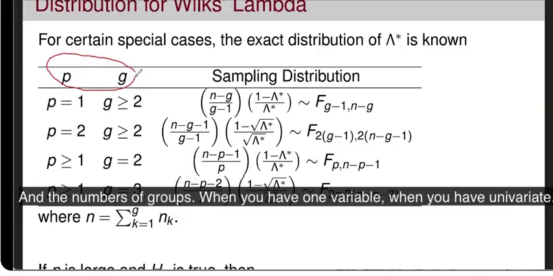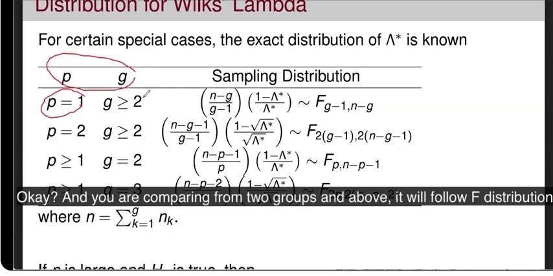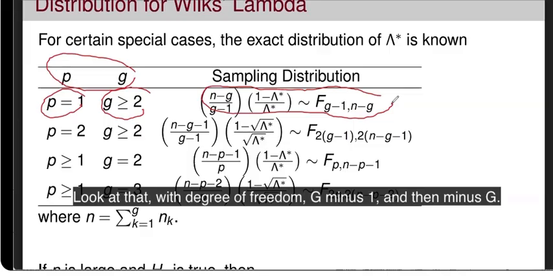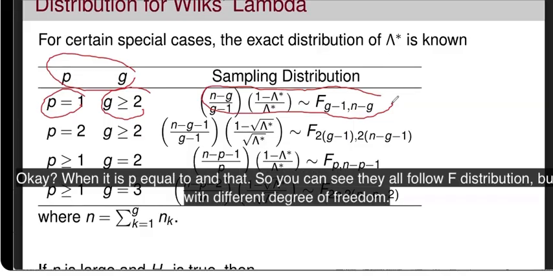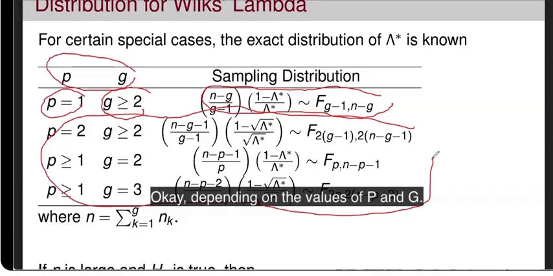When you have one variable, univariate, and you are comparing two groups and above, it will follow an F distribution, with degrees of freedom g minus 1 and n minus g. When p is equal to 2 and so on, you can see they all follow an F distribution, but with different degrees of freedom, depending on the values of p and g.